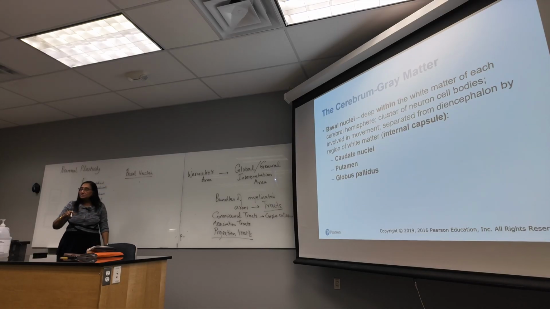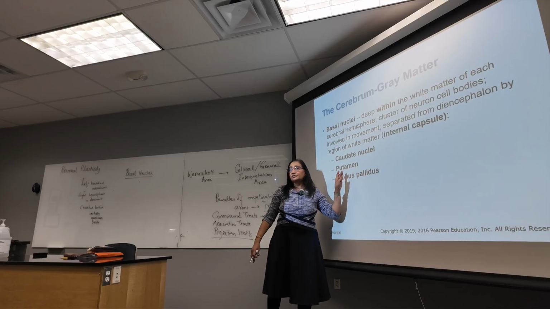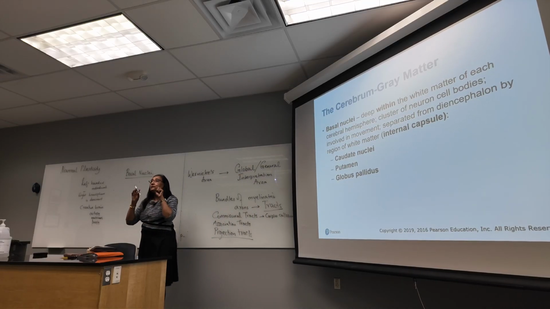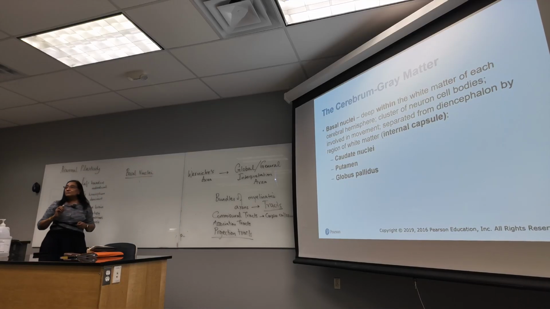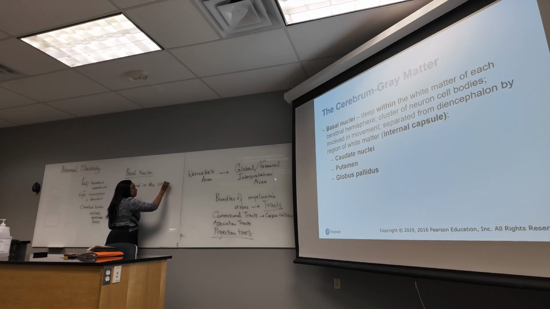This is a complex part of the brain. Don't worry about these different areas and what they are called. Just remember that this is deep within the white matter. It is a cluster of neuron cell bodies. The basal nuclei are involved in the control of voluntary movement.